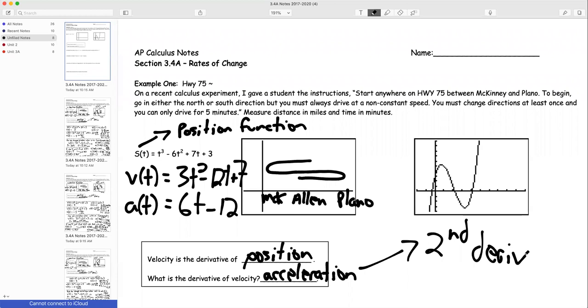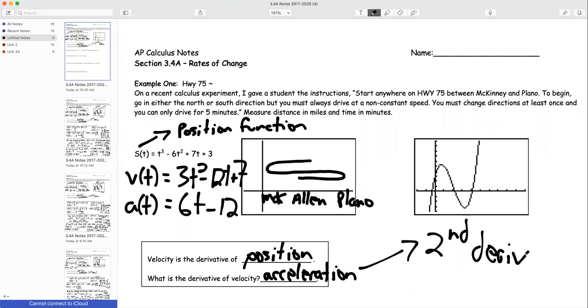Okay, so I'm going to take just a second and give you a brief introduction to these 3 things so that you can have a better understanding of what they are doing. Position tells me where I am. Velocity shows me 2 things.